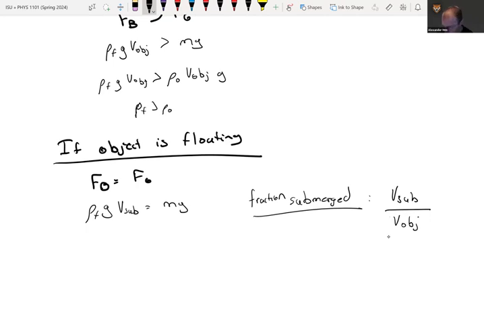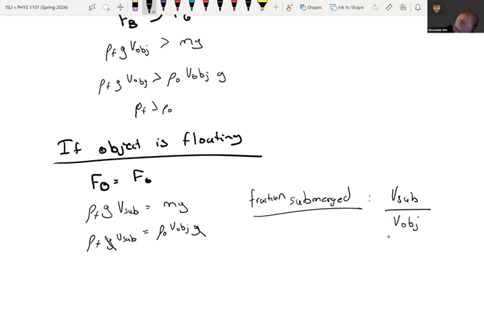It turns out you can also get that from this equation right here, because remember the mass of the object is just equal to the density of the object times the volume of the object times G. So we have density of the fluid times G times V submerged. Notice the G's cancel. This time the volumes don't cancel because they're different.